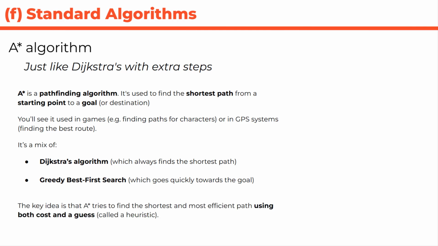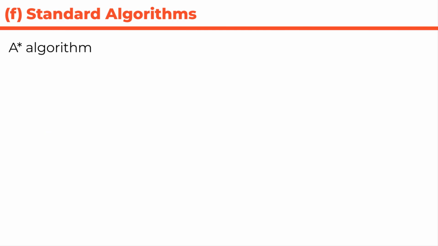So the key idea here is that the A-star algorithm tries to find the shortest, most efficient path using the best cost and a guess. And that guess is called heuristics. We're going to come on to that word a little bit later on and go a little bit deeper into it. So how does it work?